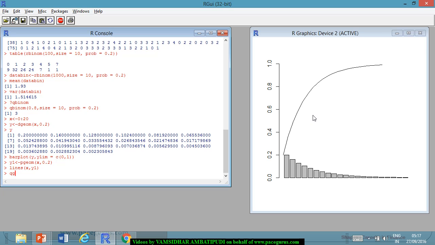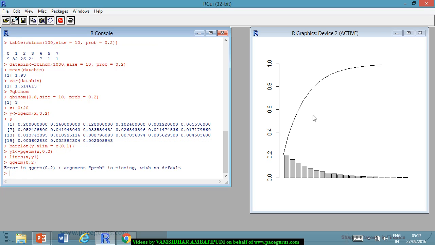So I can very well talk about QGOM of 0.2. When I am putting QGOM of 0.2, I require 0.8 as the percentage, 80% confidence, and the probability I'll set as 0.2.